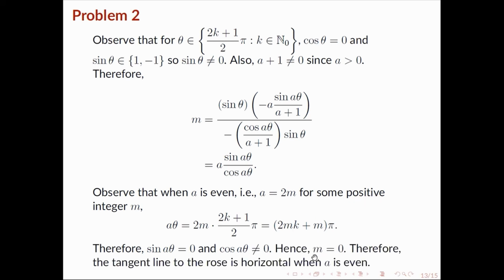Therefore, the tangent line to the rose is horizontal since our m here will be 0. This is because sine a theta is actually 0. Okay? So we get that when a is even, the tangent line to the rose is horizontal.